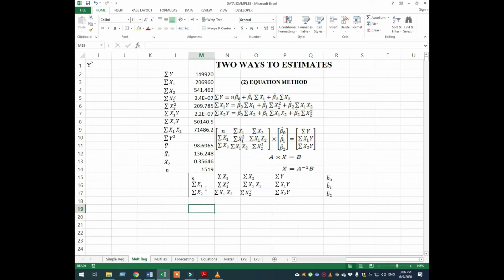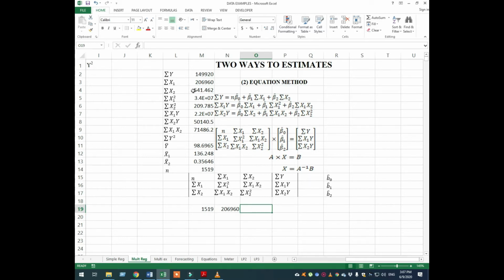So I'm taking all these matrices in the calculated form from here. So first column would be the n column, so that's why I'll be taking first element equal to n. Then that would be summation of x1, so summation of x1 is this, then summation of x2.